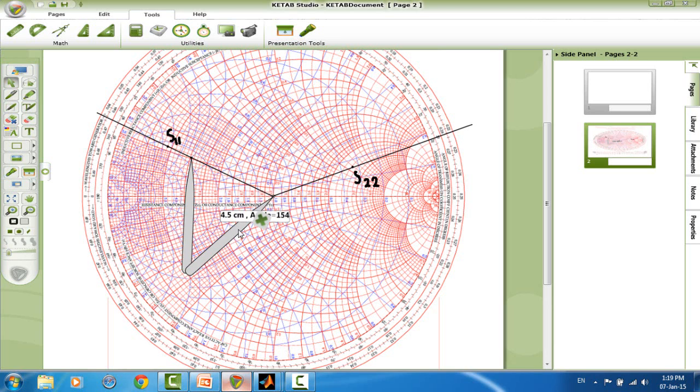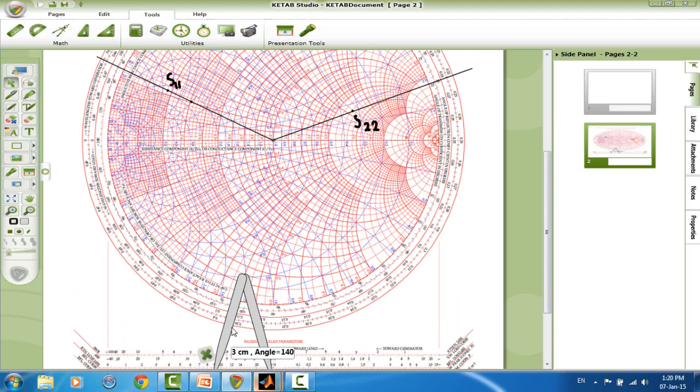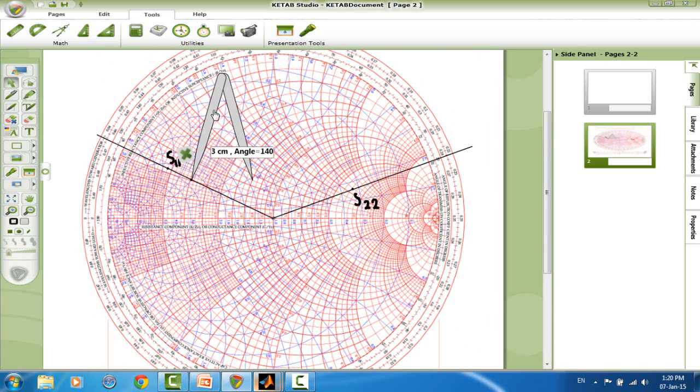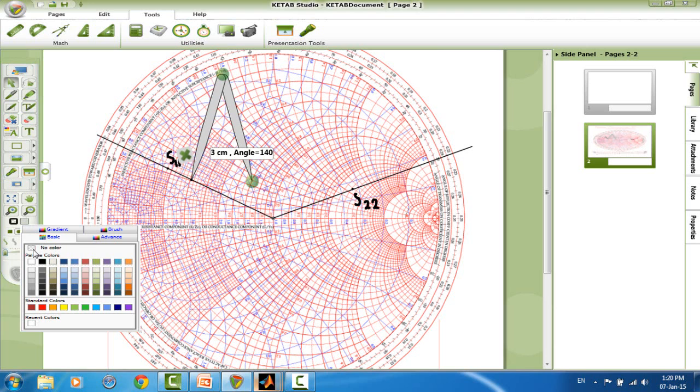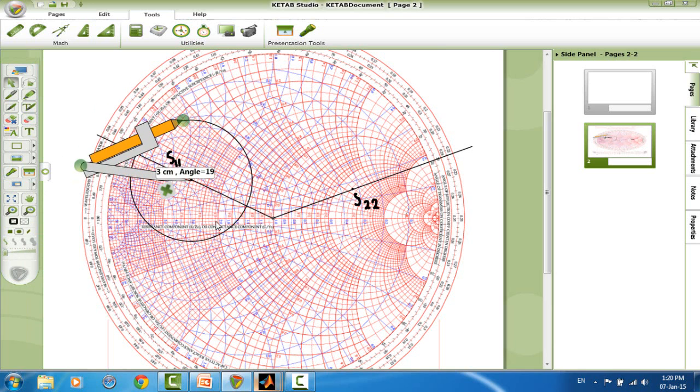The radius is equal 0.37, and it is almost here. We take it back to the center and draw a circle here. This circle represents a 1 dB.